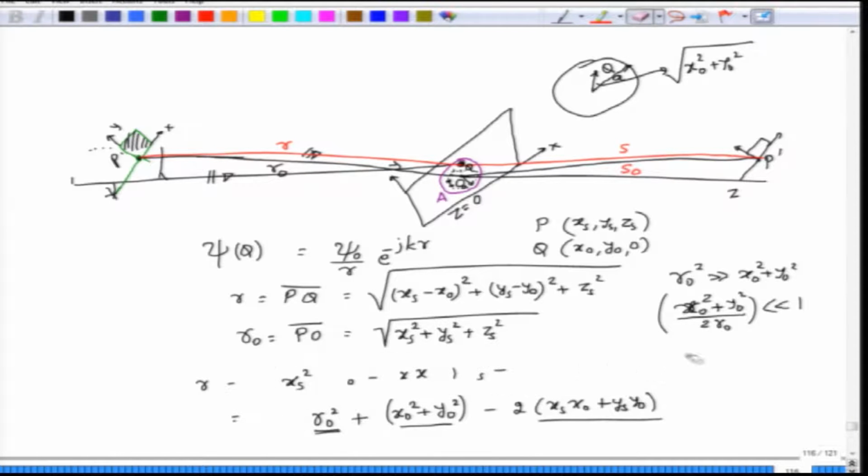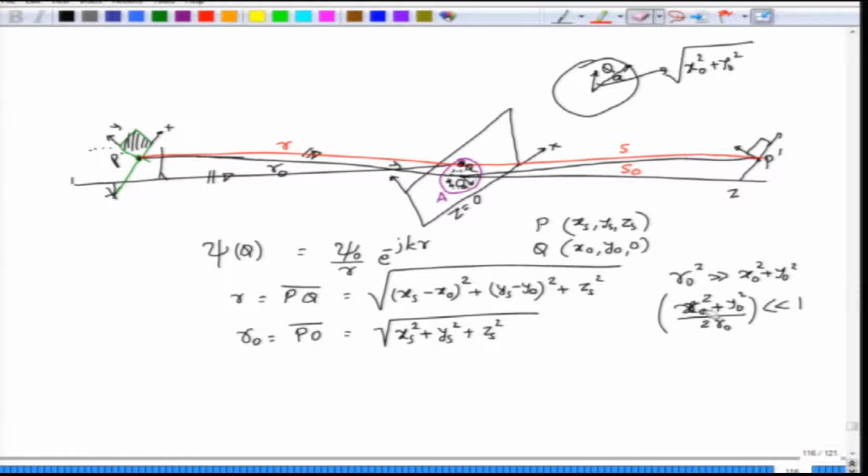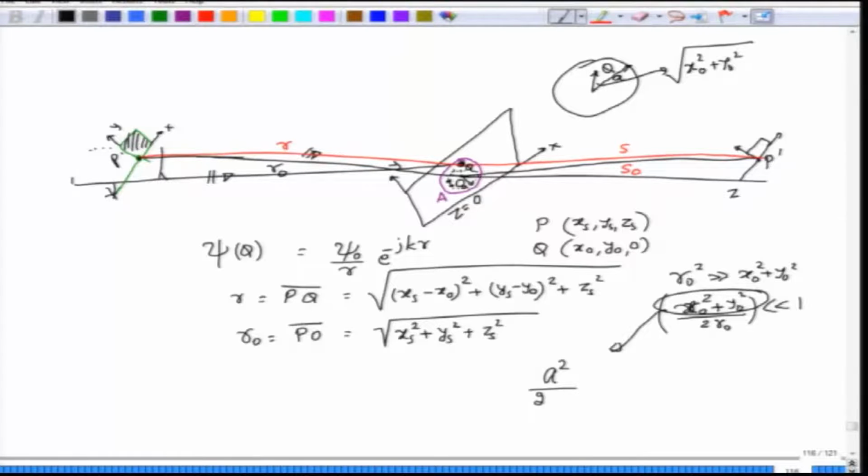Equivalently, if you think of this x0 square plus y0 square, what is the maximum value of this numerator term? The maximum value would be some a square, where a is the radius of the aperture. So, what you have is a square divided by 2 r0 to be much less than 1.